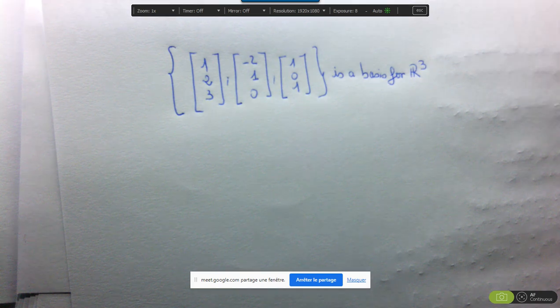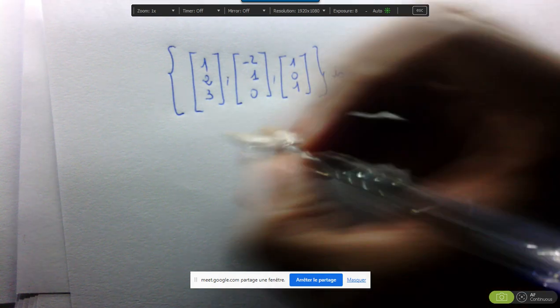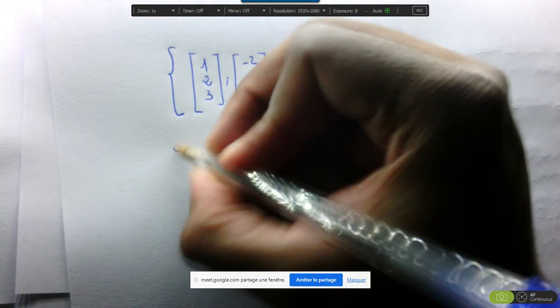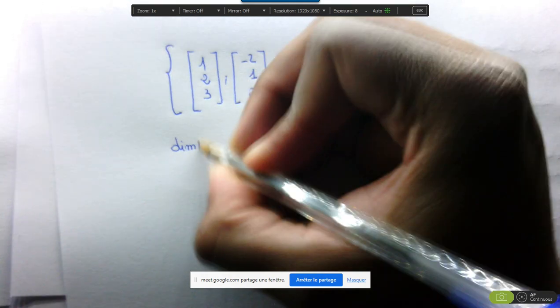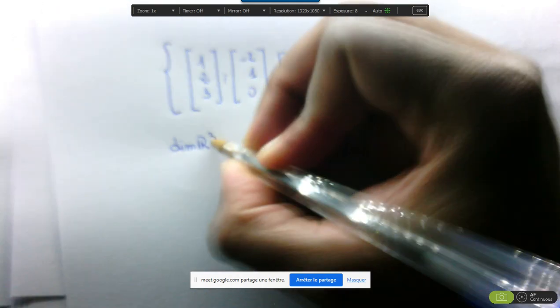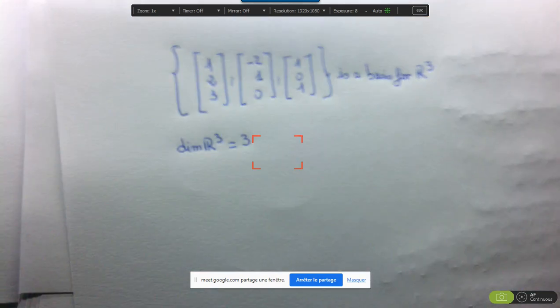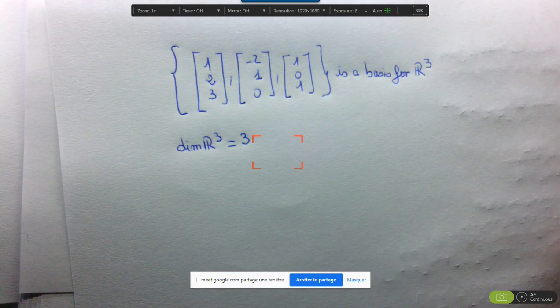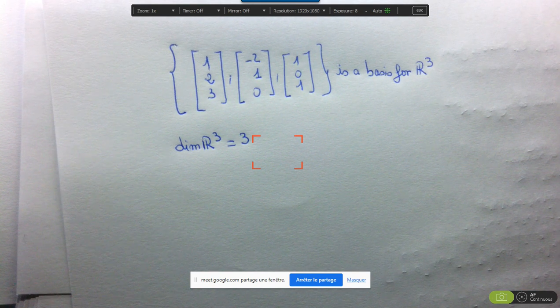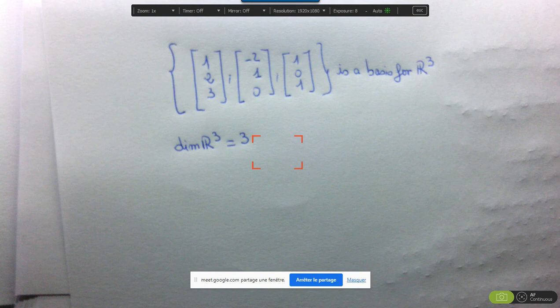So what I can do is, I know that the dimension of R3 is 3, because it's a set of all of the column vectors with 3 components.